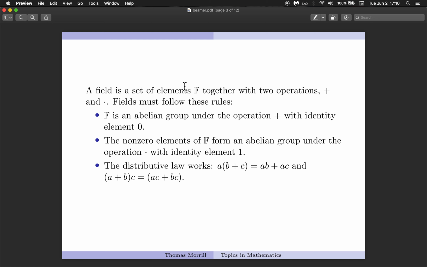First off, the set F has to form an abelian group under the operation plus. And the identity element for plus will be the element 0. Fields have so much of this familiar structure that we will always call our operations plus and times, and the identity element for plus will always be 0.